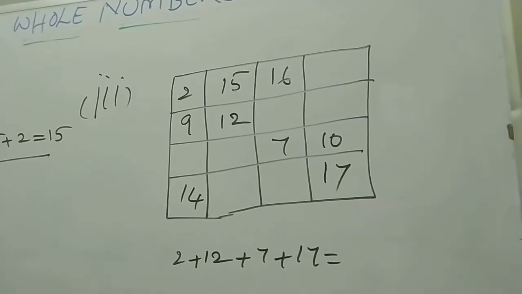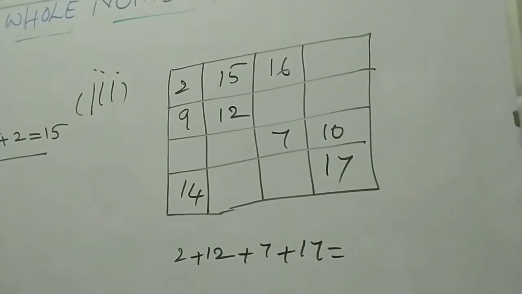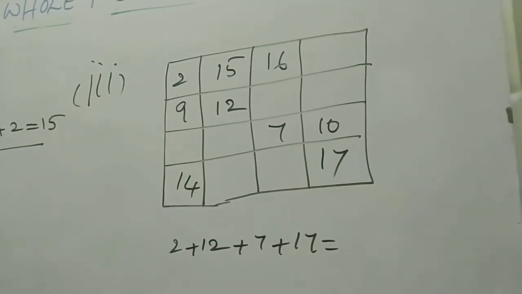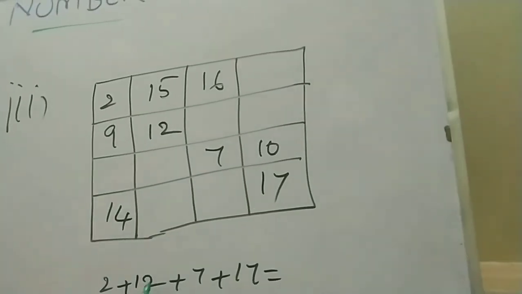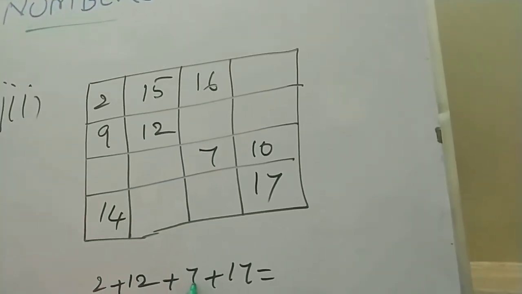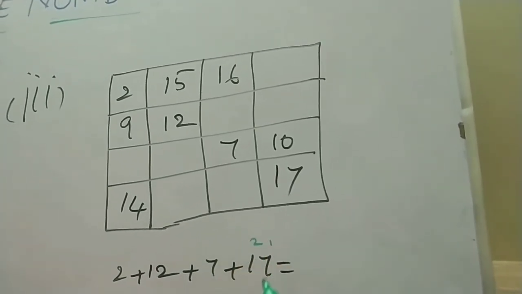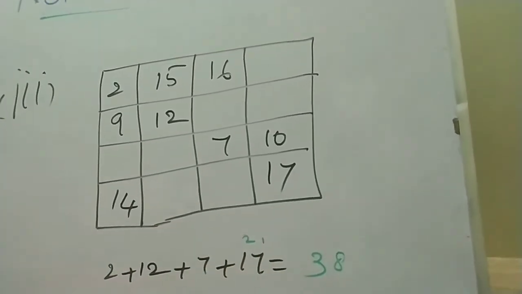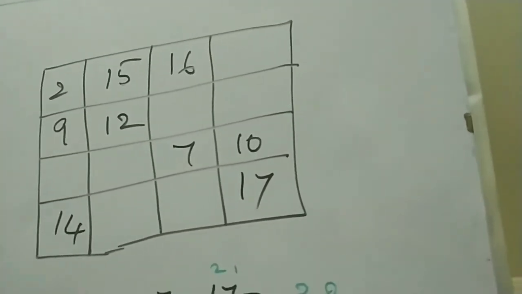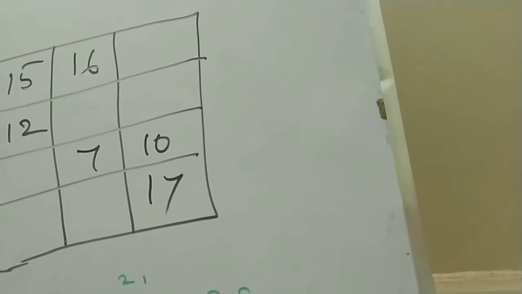So how much here? 12 plus 2, 14. 14 plus 7, 21. 21 plus 17, 38. Here you are getting 38.